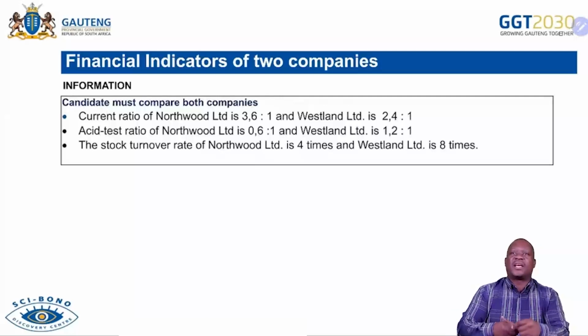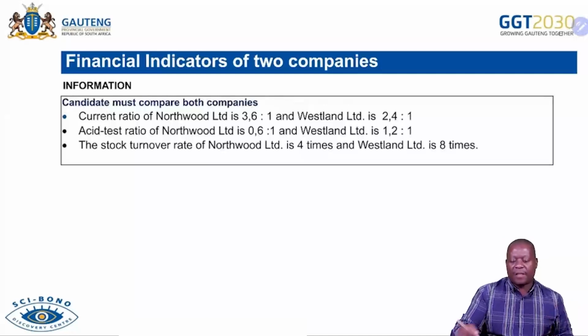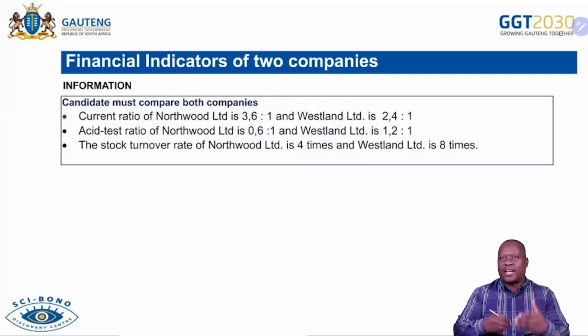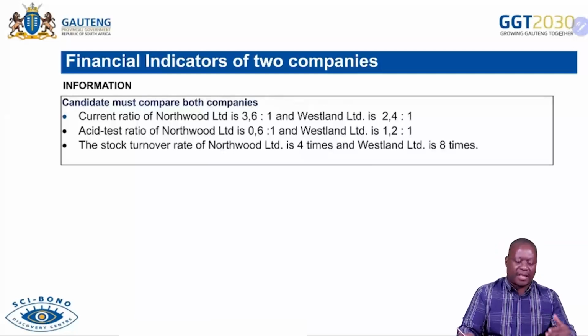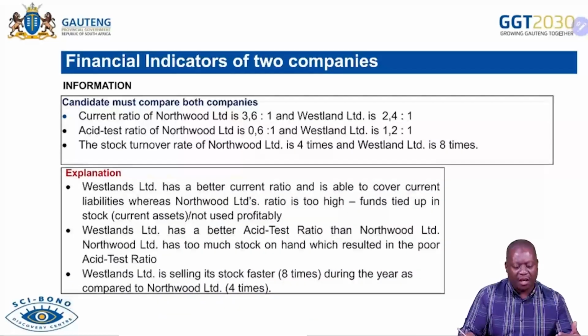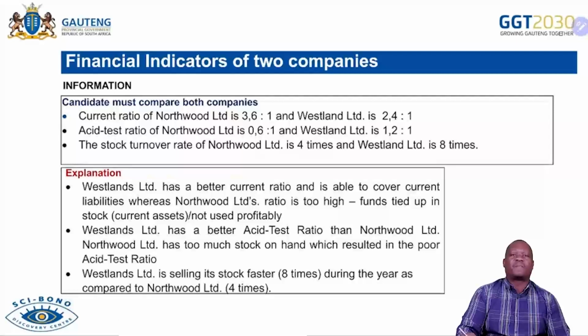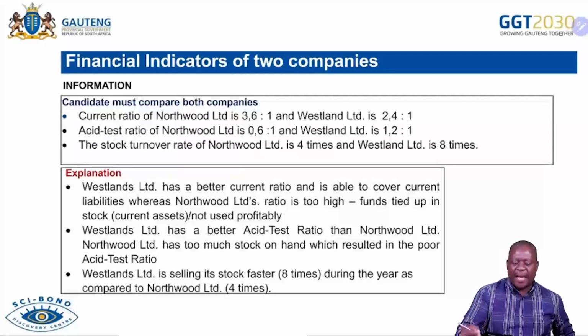The faster we turn over our stock, the better we are as a business. So what is it saying? It is saying Westland Limited is selling or is turning over its stock faster than Northwood Limited. Now, what explanation can we be giving in these instances? Westland Limited has a better current ratio and is able to cover its liabilities, whereas Northwood Limited's ratio is too high.